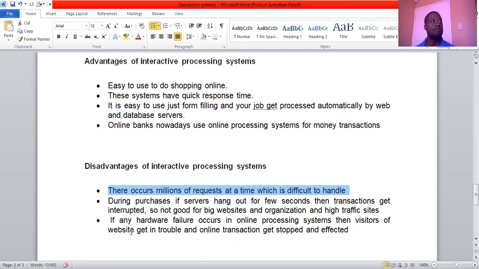With the interactive processing system, everything is done right on the spot, so everyone is flooding the system, requesting it to process their own request, and this gives problems to the system.